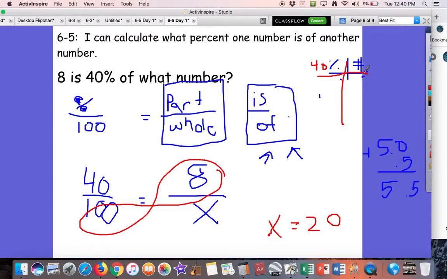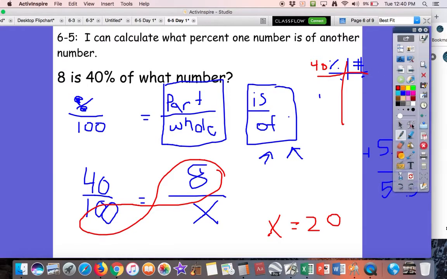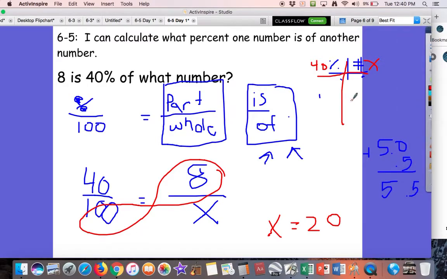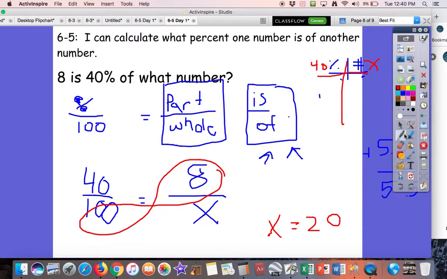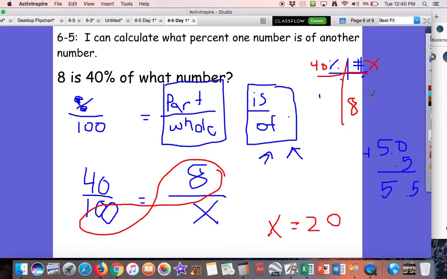We don't know this number. This is the number we don't know. That's our x. And our answer is 8. Okay. So does 20 make sense here?